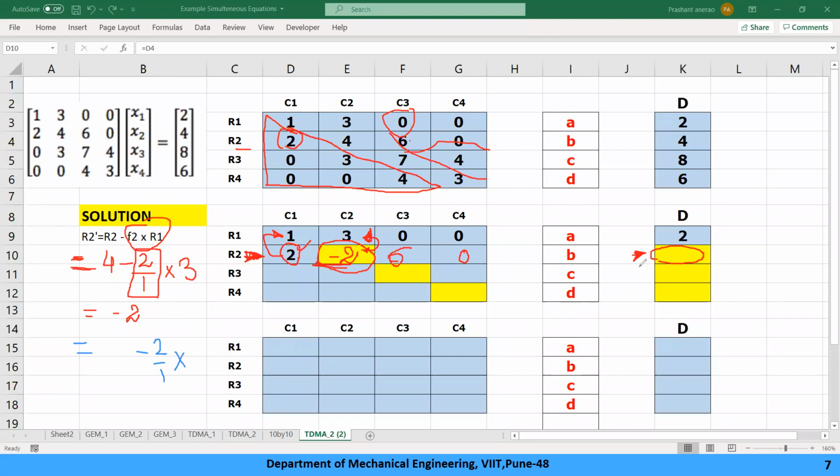R2 is old value, यहाँ पे old value क्या है भाई? That was 4. I'll call it and write it here. Okay, then इसके जस्ट ऊपर वाला एलिमेंट R1 क्या है? 2. So 4 minus 2 into 2, that becomes 0. Yes, so यहाँ पे कौन सी वैल्यू आएगी? 0. I hope you guys understood this.